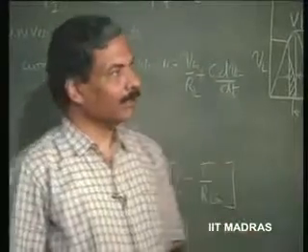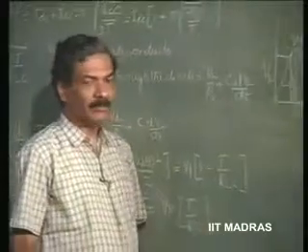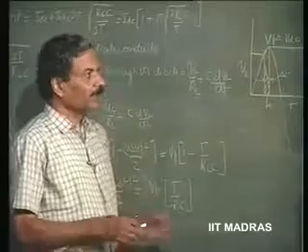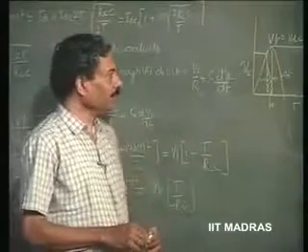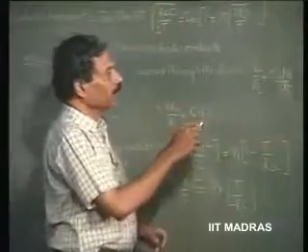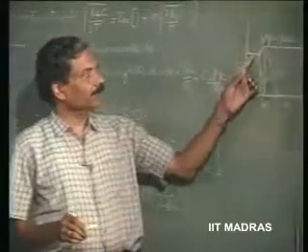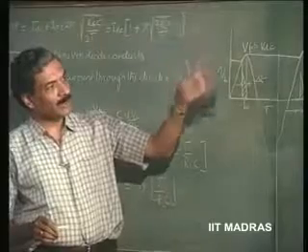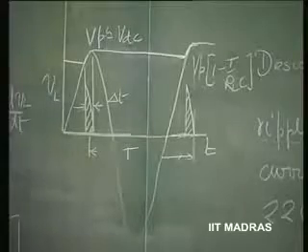There is some other rating for the diode that becomes very important in its specification. Depending upon the load current that we take, obviously whenever the diode conducts, the current for the load as well as for charging the capacitance is given through the diode.